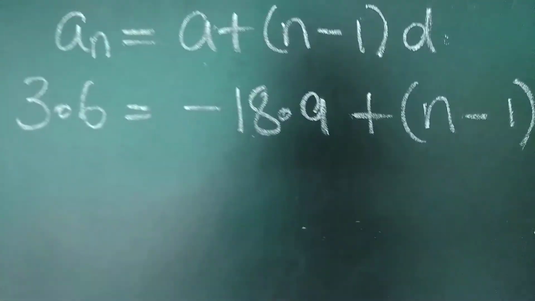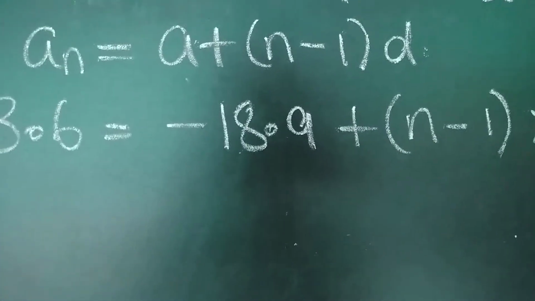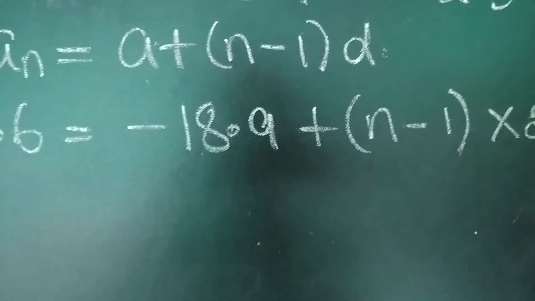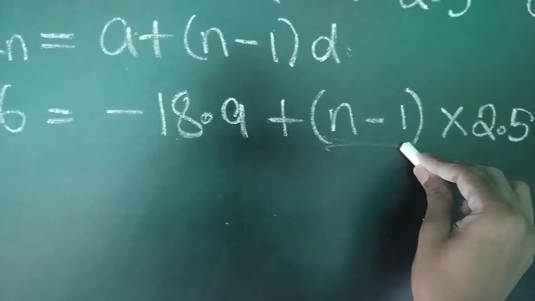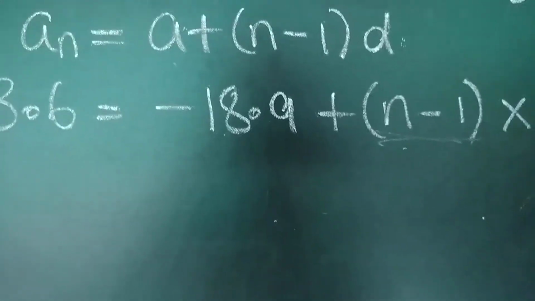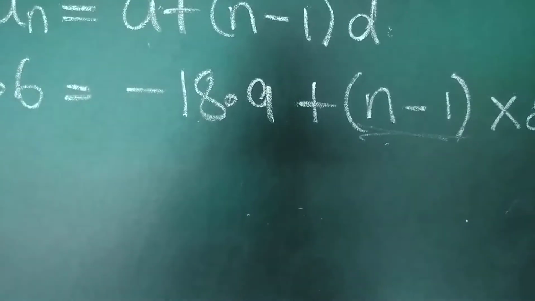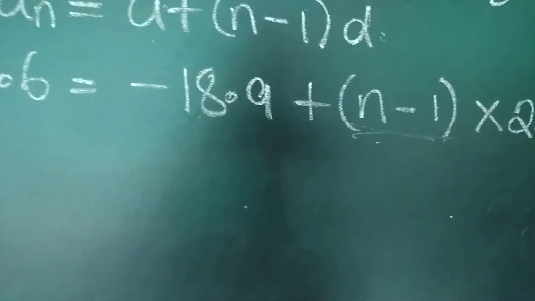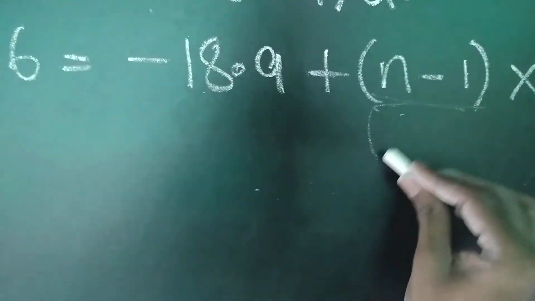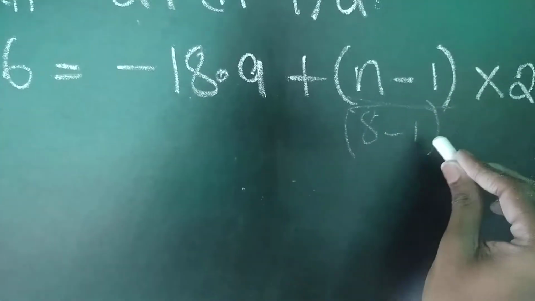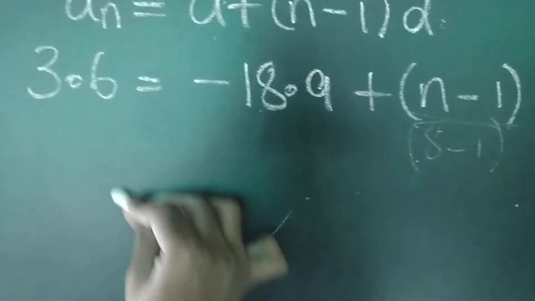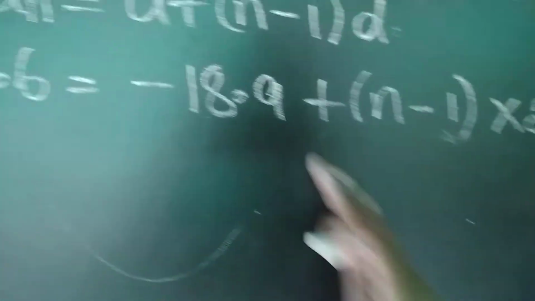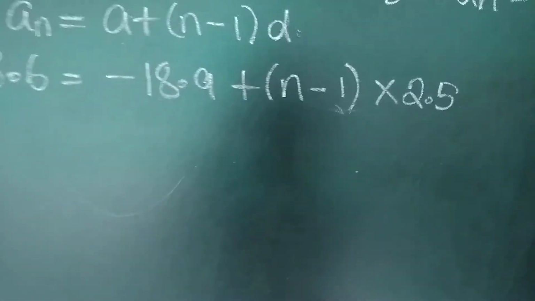Whenever in this type of questions or in the previous questions, I asked you to solve the bracket first. In this case we can't do that because inside the bracket we are not having a number. If the number was like 8 minus 1, then obviously we would solve the bracket first, then multiply, then push this to the LHS or RHS accordingly.